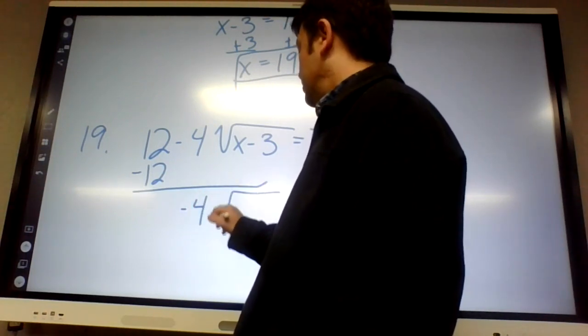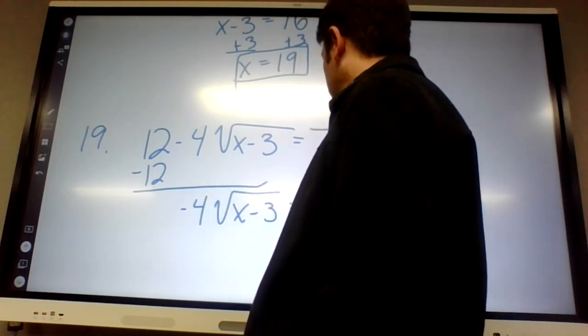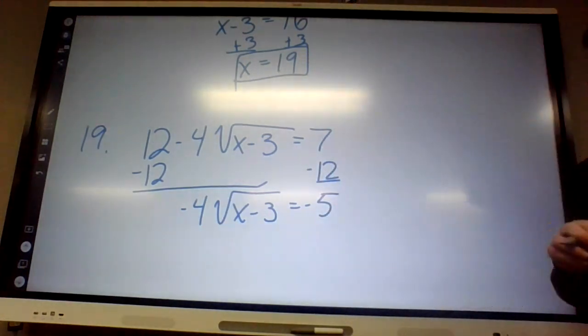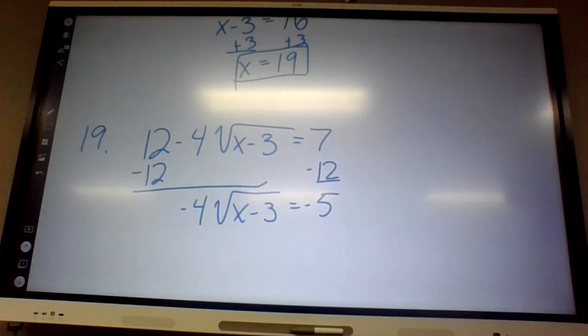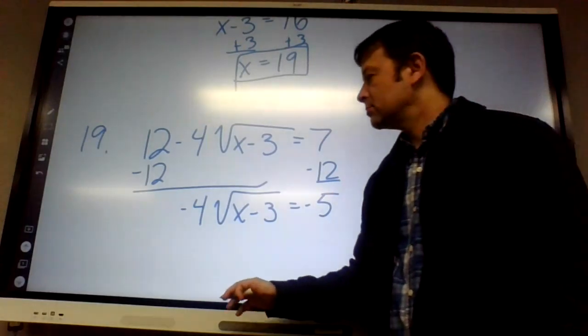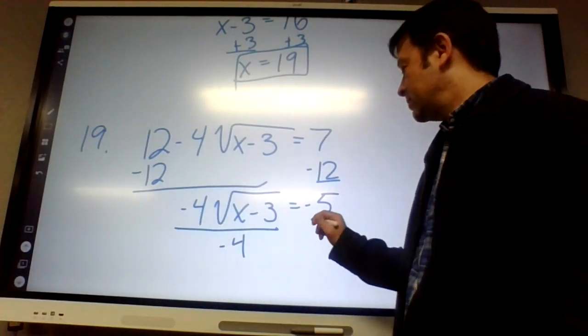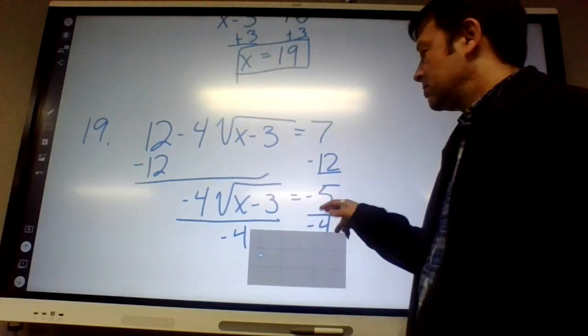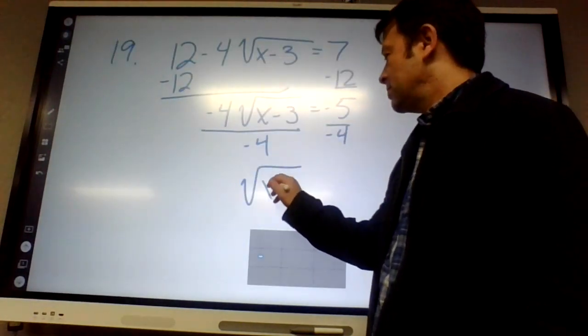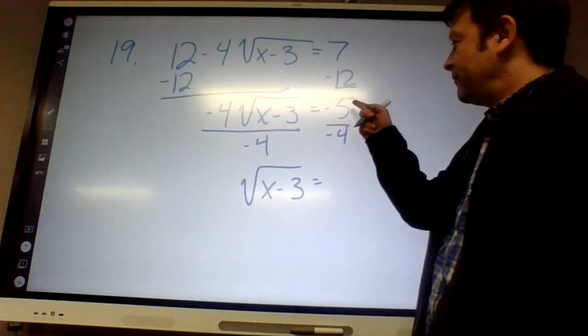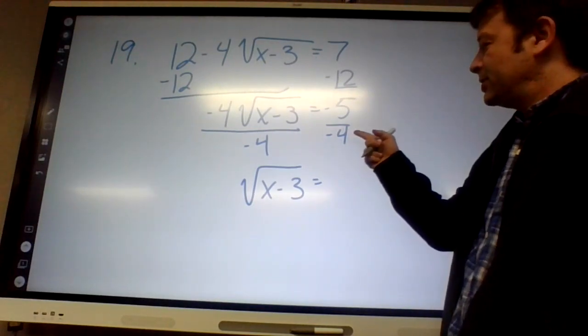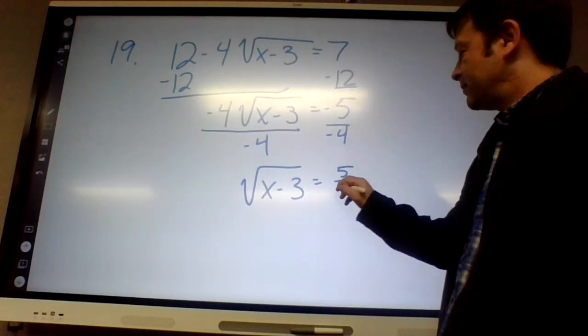Negative 4. Negative 5. Uh-oh, fractions. Now what do I do? Divide by negative 4. I hate fractions. Negative 5 divided by negative 4 is positive 5/4.